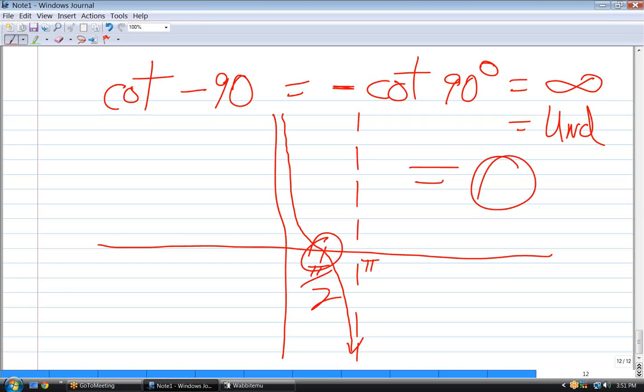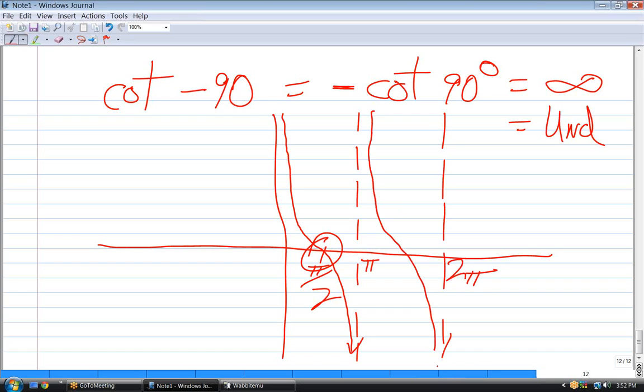In other words, cotangent has a period of pi. It repeats every pi. Every pi, I can draw a vertical asymptote, and that cotangent curve looks like that, and just keeps repeating on and on and on. But the distance between there and there is pi, not pi over 2 like I originally drew it.